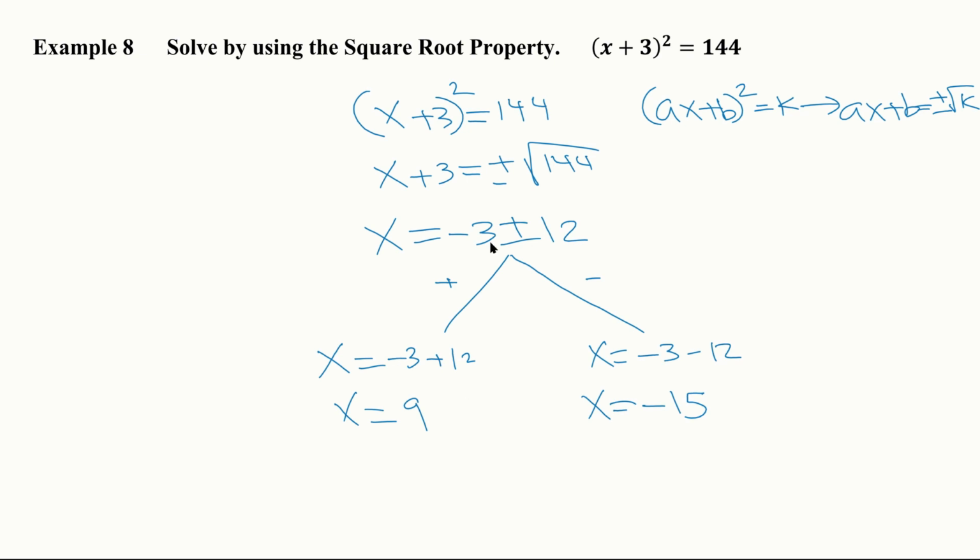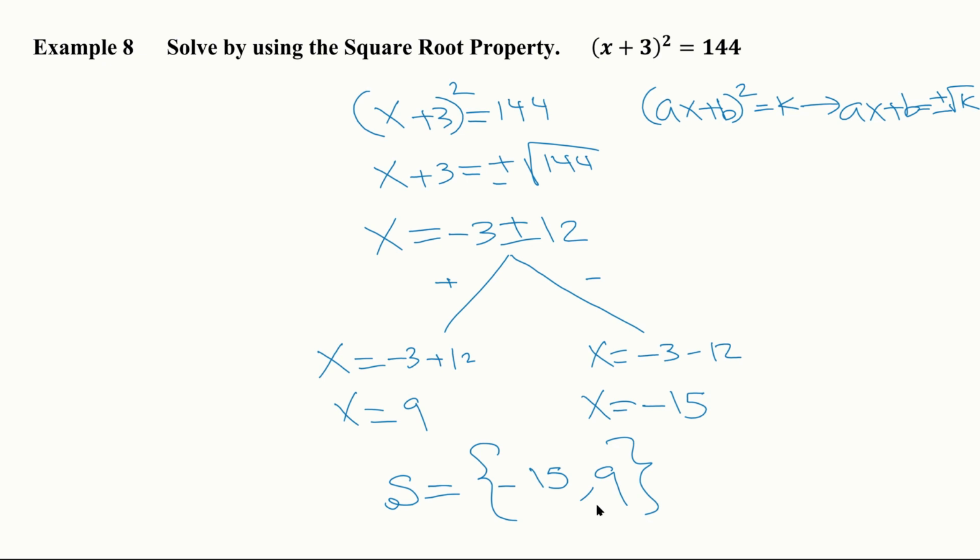So when it's kind of like nice numbers, whole numbers, or integers like these, make sure that you figure out what each one gives you, and simplify. So you don't want to put this into your solution set when it can be reduced and simplified further, okay? So now the solution set contains negative 15 and 9, like so. Separate your solutions with a comma when you have more than one solution.